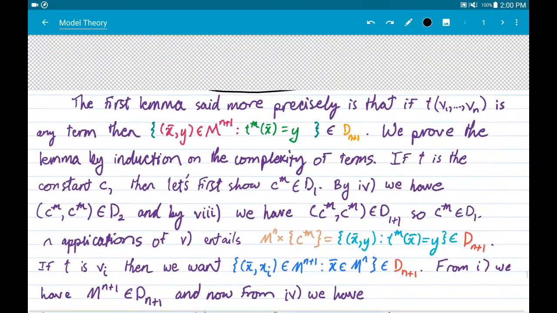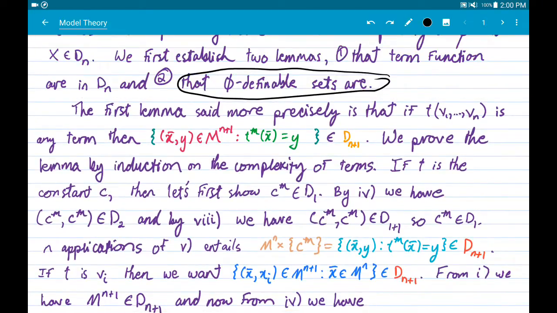So we'll start with the first lemma, that every term function is a, the graph of the term function really is in Dn, or Dn plus 1 if we think of the argument as being a tuple of length n and the graph being of length n plus 1.